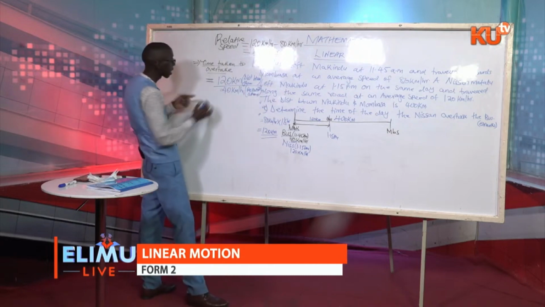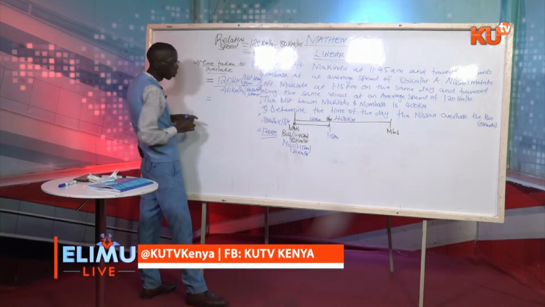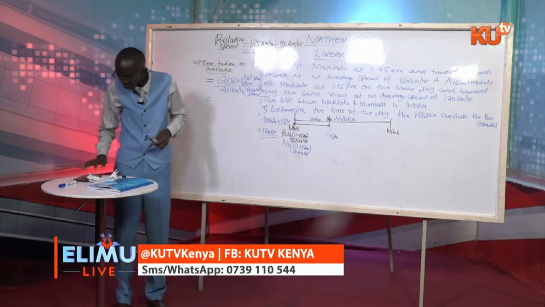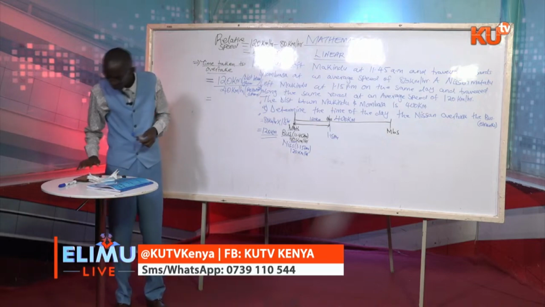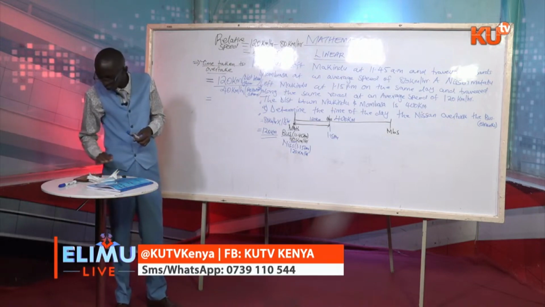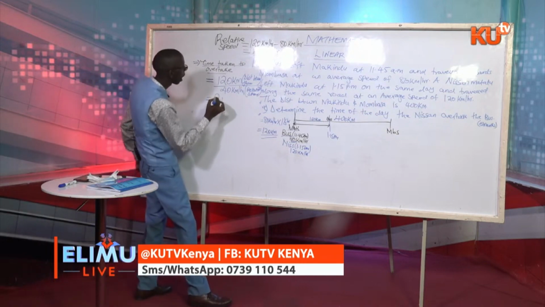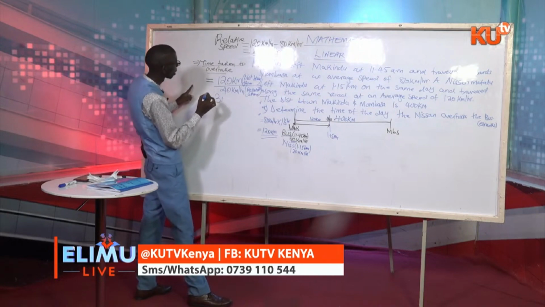120 kilometers divided by 40 kilometers per hour, it will give us, you also have your calculator. Let us calculate together. 120 divided by 40 will have 3. We are taking the time taken.